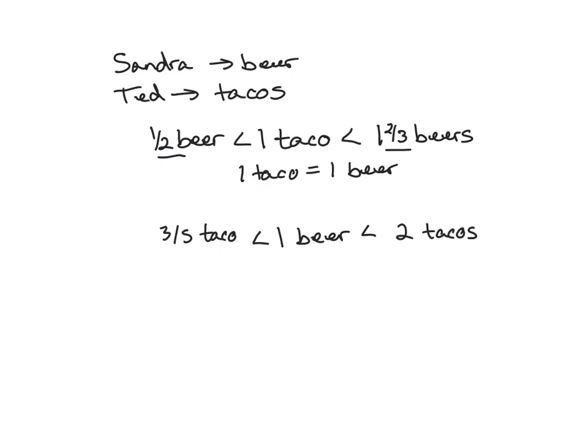So any number between 3/5 and 2 is an acceptable trading price that will make both individuals better off relative to autarky. So again, here we see that 1 beer equals 1 taco, which is between 3/5 and 2, would be an acceptable trade. But there are, again, other possible solutions. You could have 1.5 tacos per beer, and that would make them both better off as well.